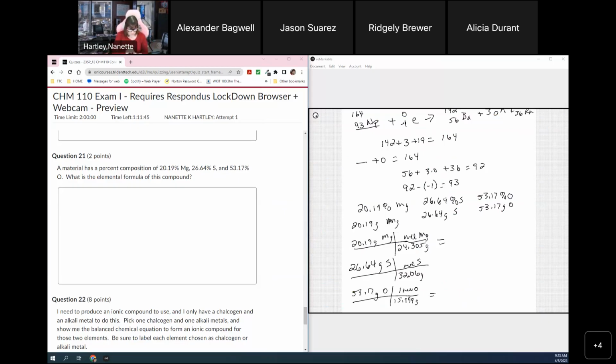So 20.19 divided by 24.305. Now this should be 4 sig figs. 0.8307.